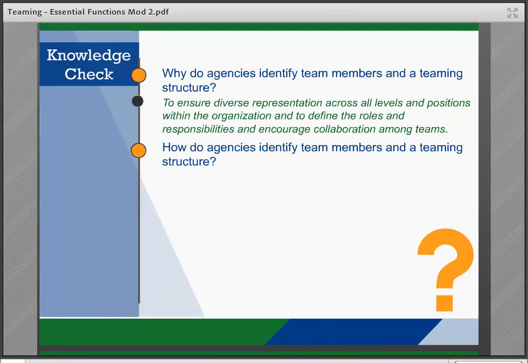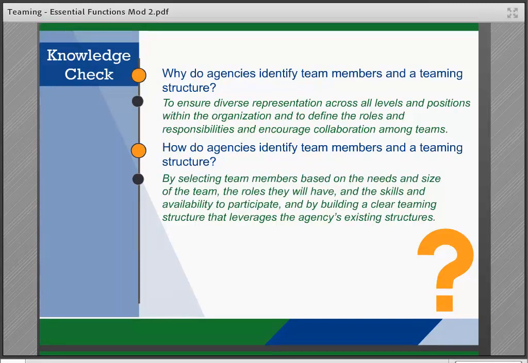How do agencies identify team members and a teaming structure? By selecting team members based on the needs and size of the team, the roles they will have, and the skills and availability to participate, and building a clear teaming structure that leverages the agency's existing structures.